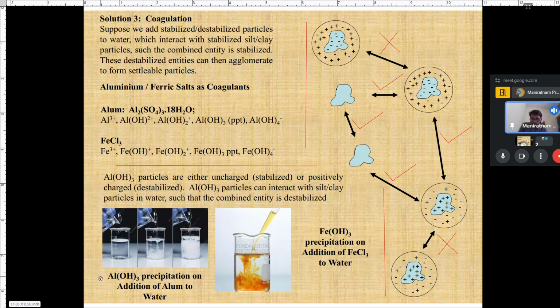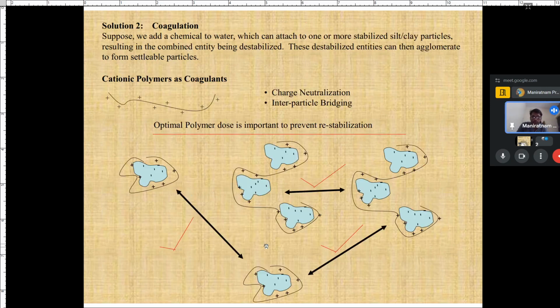Similarly, here you can see they have used aluminum hydroxide from alum, that is Al2(SO4)3·18H2O. They have used that, and you can see this white precipitate has formed. Okay, I hope this is clear to you.